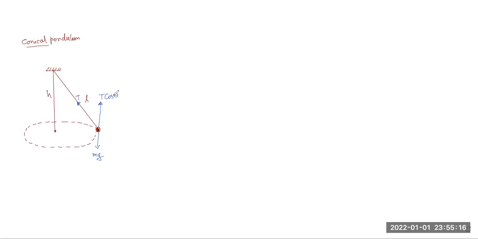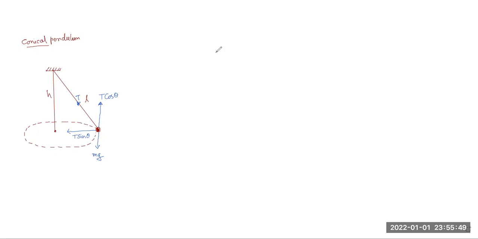This tension is resolved into two components: T cos theta and this side component, T sin theta. T cos theta is balancing mg, whereas T sin theta is balancing the centripetal force.